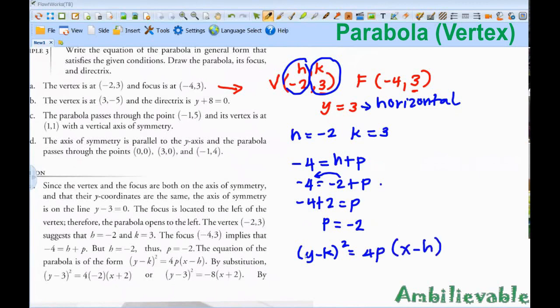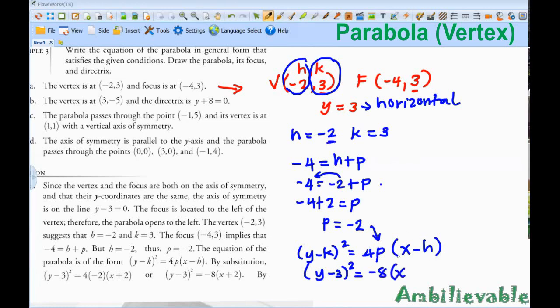Let us substitute the values of k, p, and h. What is our k? It's 3. So (y minus 3) squared is equal to 4 times p. What is p? p is negative 2. So it will become negative 8 x. What's the value of your h?